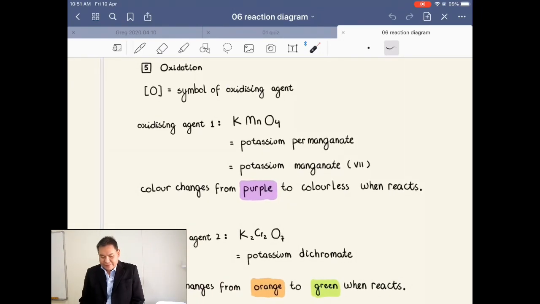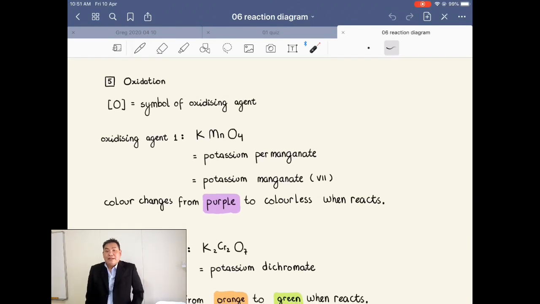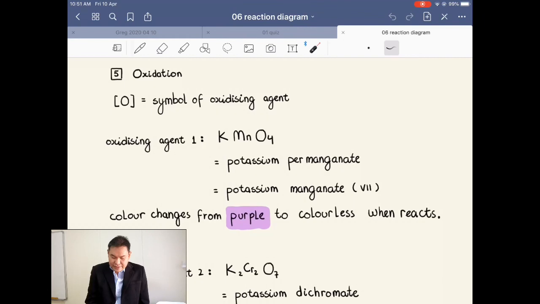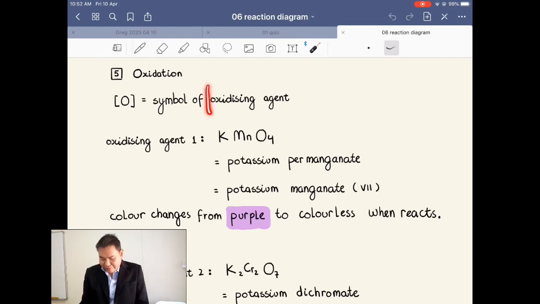Reaction 5. Reaction type 5 is called oxidation. Oxidation simply means you are adding oxygen to the organic substance, and to do that you need the oxidizing agent.